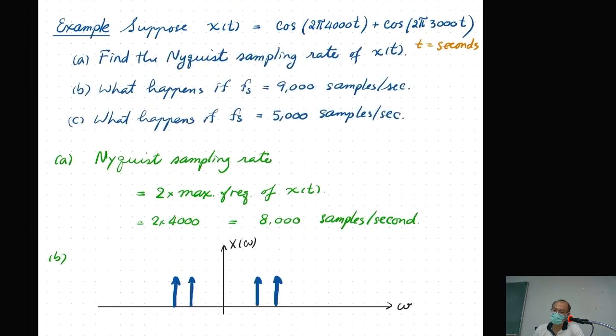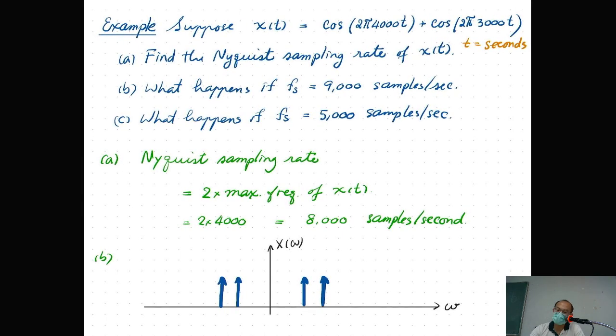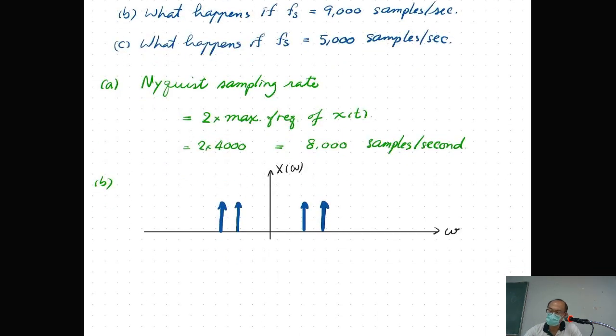This is the spectrum of x. One is at 2 pi 3,000, the other is at 2 pi 4,000. I think I should stop here, I look at the time, and we will continue this next time.